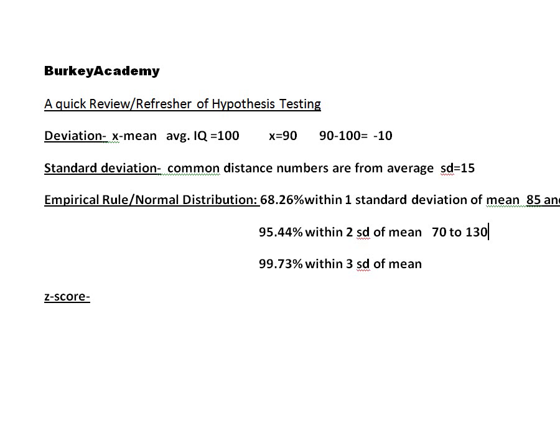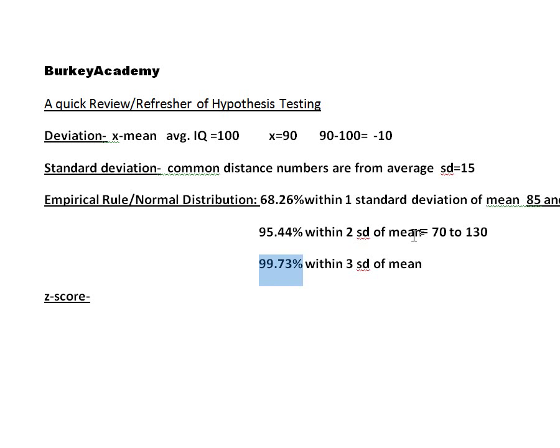Well, 95%, a little bit more than that, 95.44% of people are within 2 standard deviations of average. And it's not just IQ, it's also height, birth lengths, anything that has a symmetric bell-shaped distribution like a normal distribution.